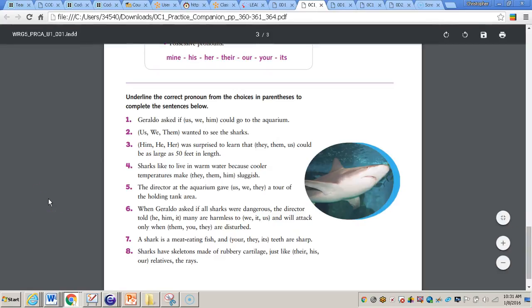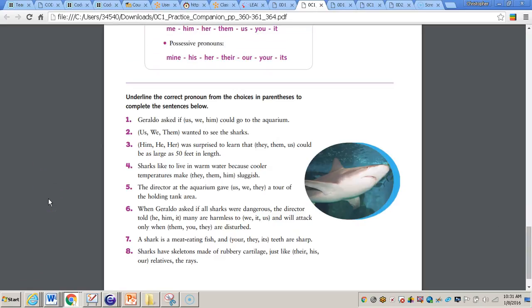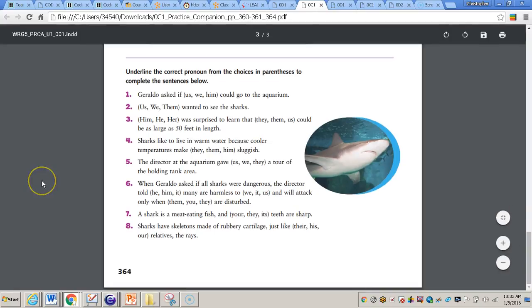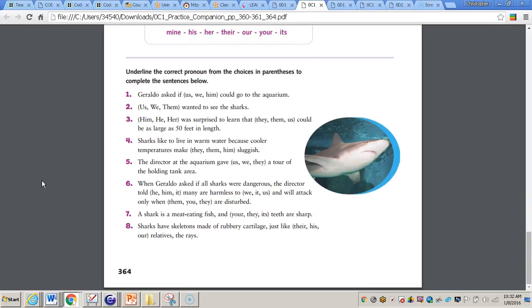So for number 1, "asked if we could go to the aquarium." For number 2, we have us, we, and them, and it would be "we wanted to see the sharks." "Us wanted to see the sharks" or "them wanted to see the sharks" would not make sense.